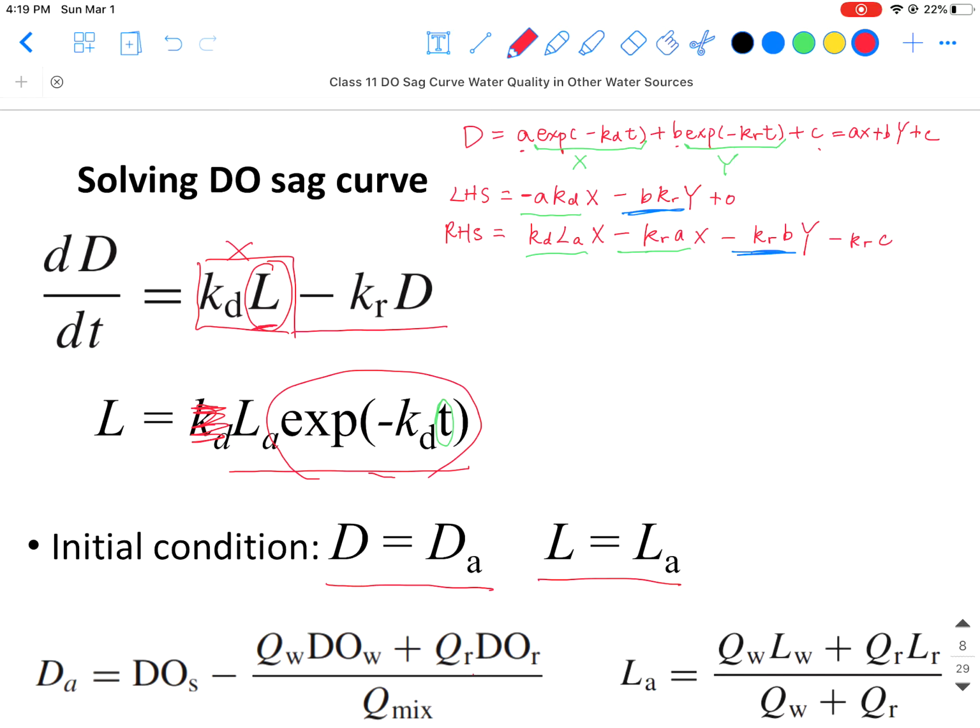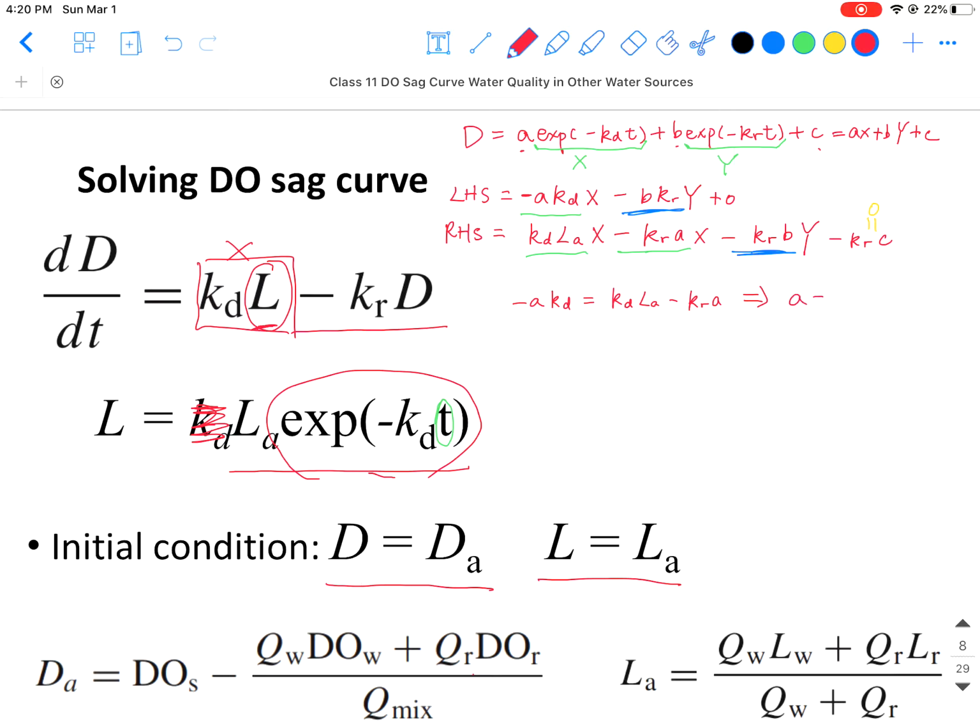Okay, so if we compare the left-hand side and right-hand side, you can see that the constant term is equal to 0, and this simply means that C is equal to 0. Okay, so now if we look at or try to track the x, you can see that minus A kd should be equal to kd L_A minus kr A.